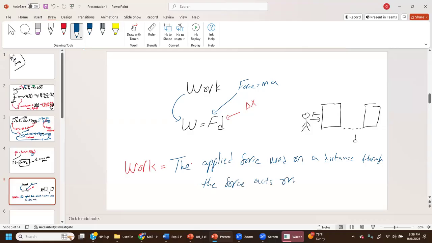So you're applying a force on some kind of object with some kind of mass. This object is actually moving to another position from x initial to x final, which is going to be your distance.